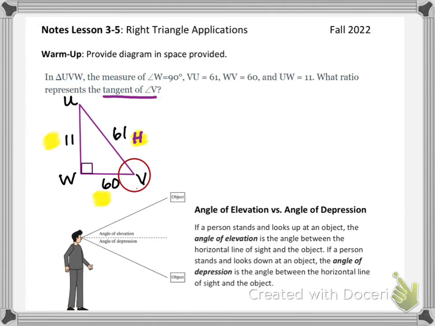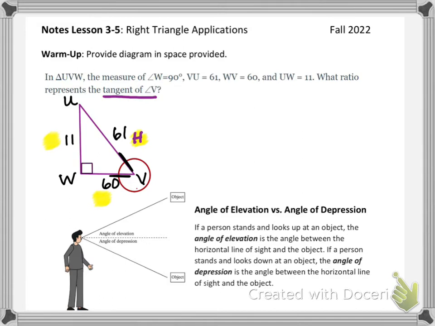Now, whenever you are standing at a certain angle, the two sides that make up that angle are always going to be an AH combination. So notice angle V is made up of this side right here, and this side right here. Those two sides join at a conjunction to form angle V where you're standing.